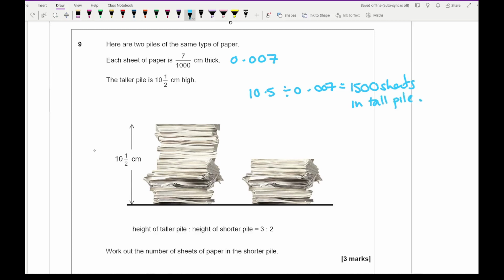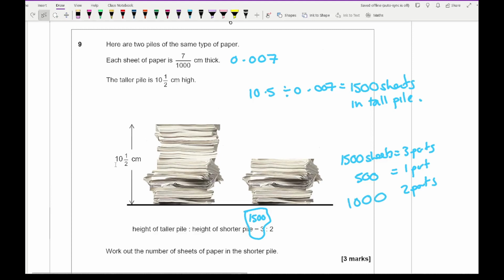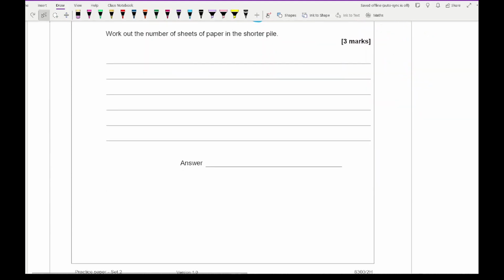So looking at the ratio, 1500 represents 3 parts, then we want to work out 2 parts, so 1500 sheets equals 3 parts, and that means that 1 part is going to equal 500, and so 2 parts, which is how many parts there are in the shorter pile, is 1000. So the answer then is 1000.